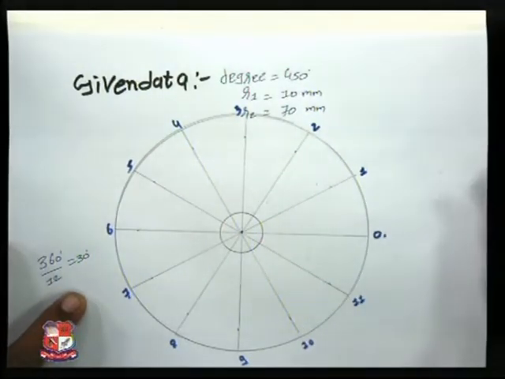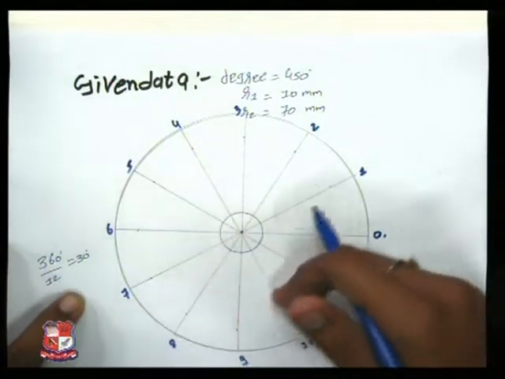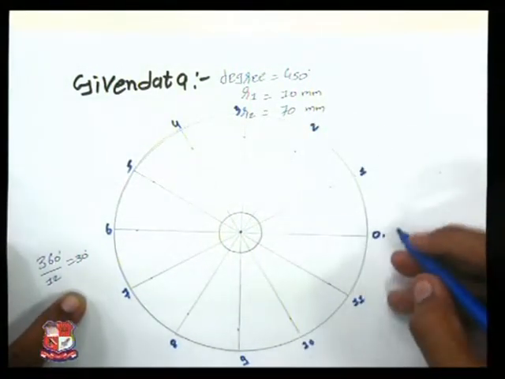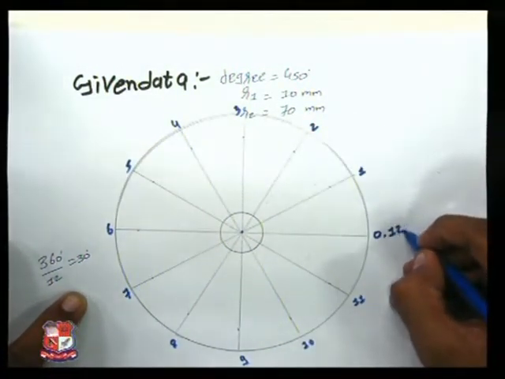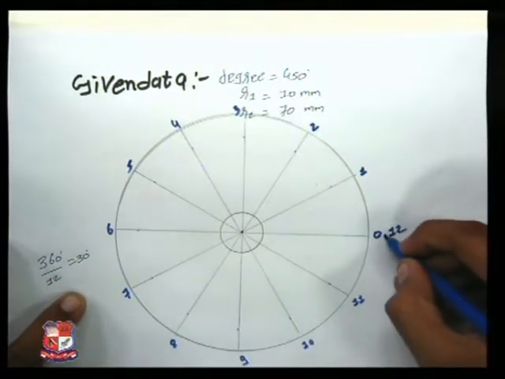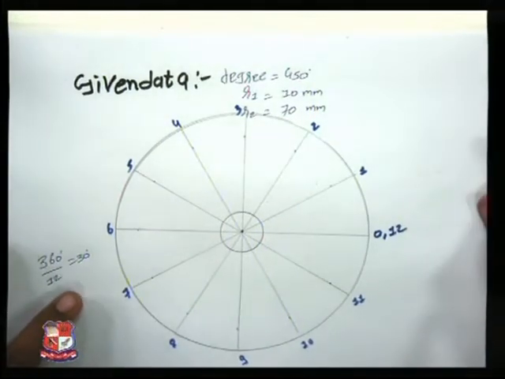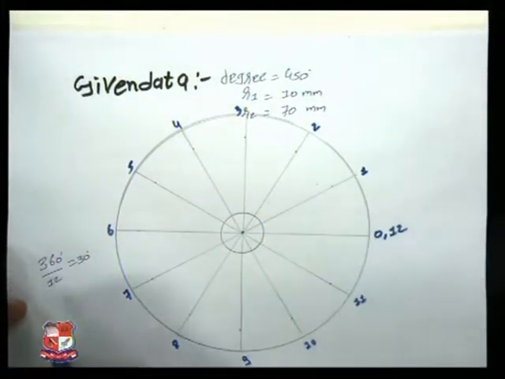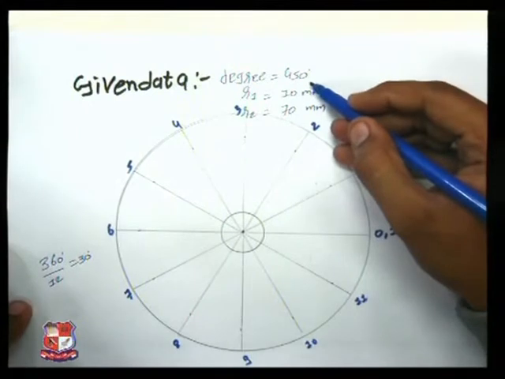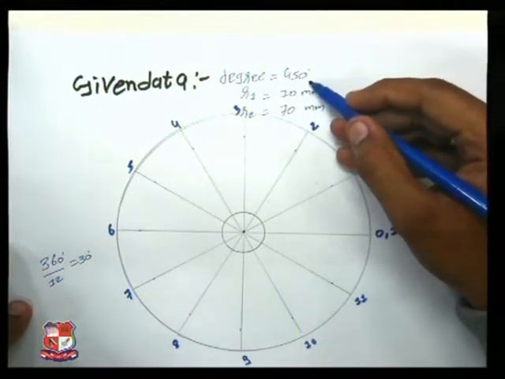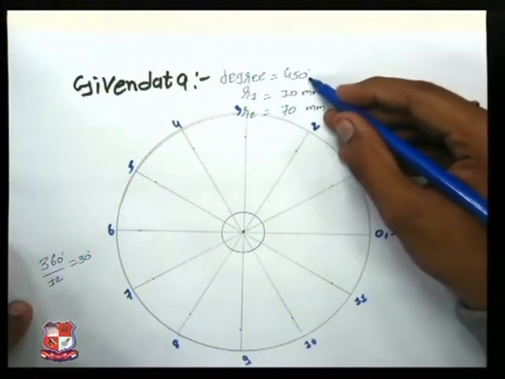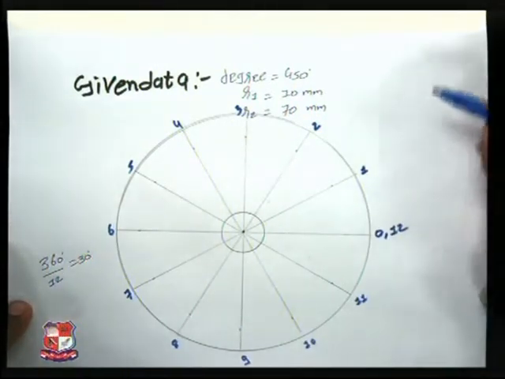When it comes to 0, we have rotated 360 degrees, so 0 and 12 would be the same point. Now, the angle we want to draw is 450 degrees. So what does 450 degrees mean?